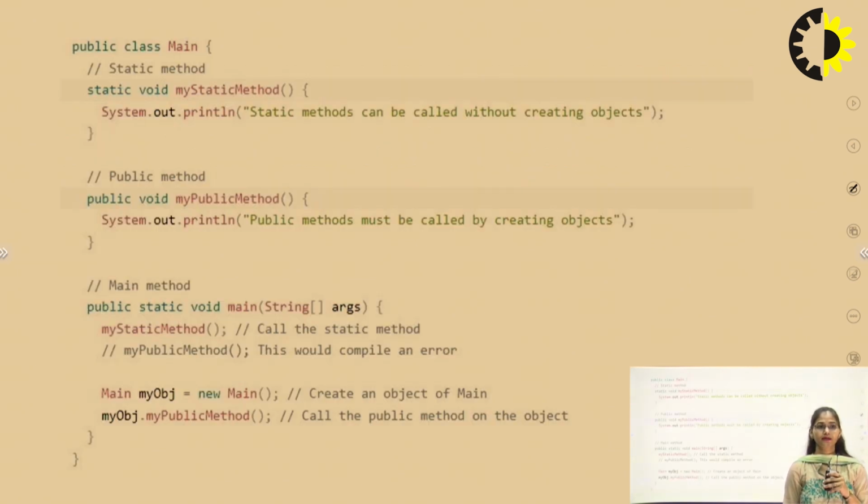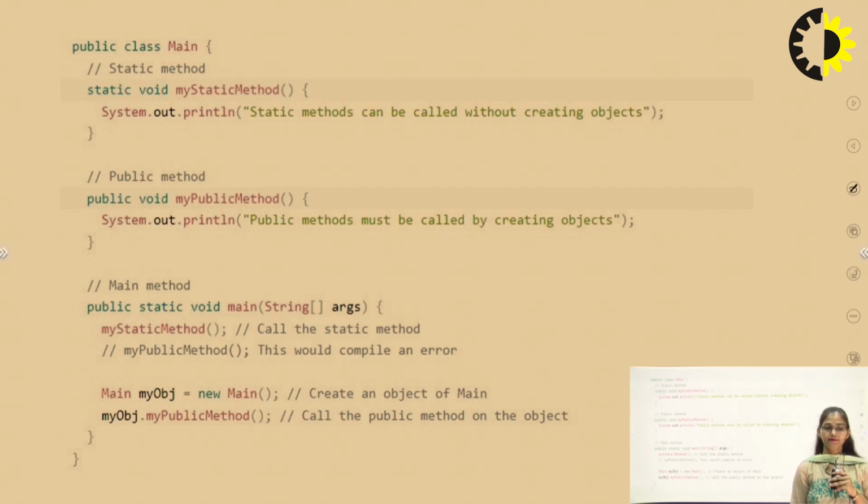In this class, the example consists of a static method and a public method. The static method is static void myStaticMethod, and the public method we have declared is myPublicMethod.